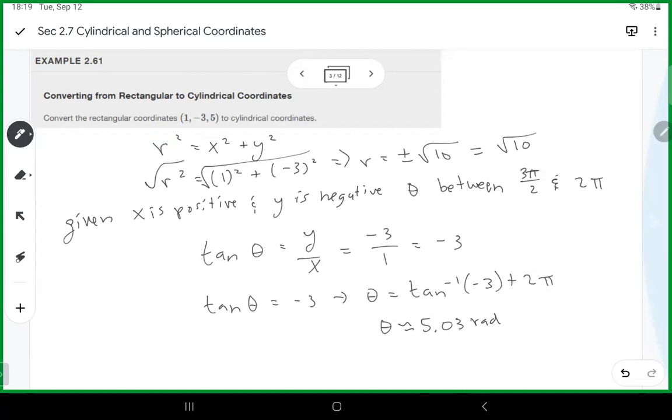In this case, the z coordinate is the same for both, so z is just going to stay equal to 5. So if you want to write it in point form, we would have the square root of 10, 5.03, 5. Okay. So that should be pretty nice for you guys to do some of those problems.